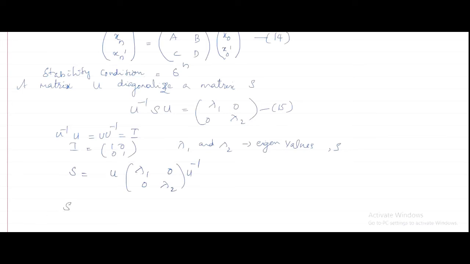And on simplification, we get S raised to n equals U [lambda 1 raised to n, 0; 0, lambda 2 raised to n] U inverse. Let this be equation 17. To obtain lambda 1 and lambda 2, let us write an eigenvalue equation.